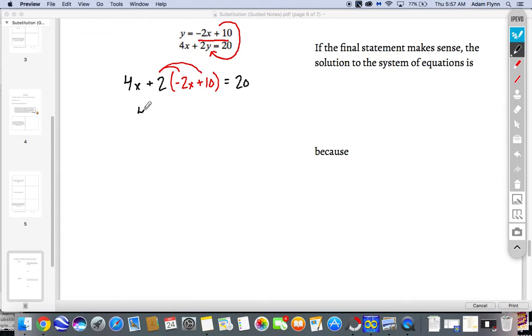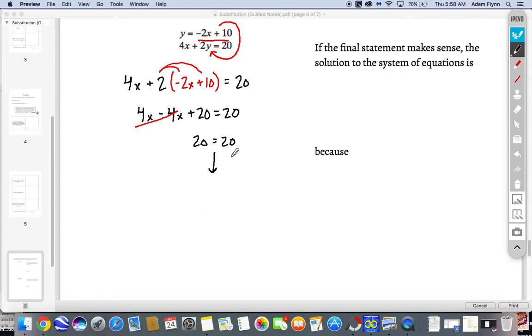So I get 4x minus 4x plus 20 equals 20. I continue to solve. 4x minus 4x, those are going to cancel. So I am left with 20 equals 20. So very similar to the last equation, I tried to solve for x, but I failed because my x's just canceled out. I've got nothing to solve for down here.